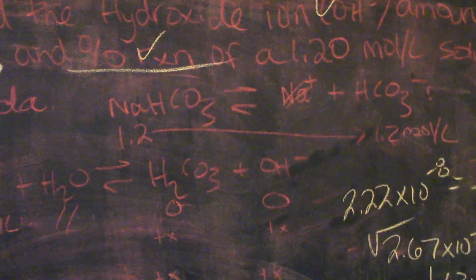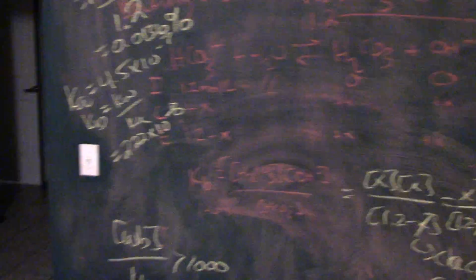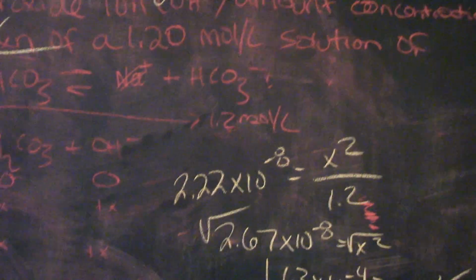And then from there, I can solve for everything else. That is a big question. And you're converting, so you have to be able to go back and forth between Ka and Kb. You could be given Kb and have to convert to Ka.